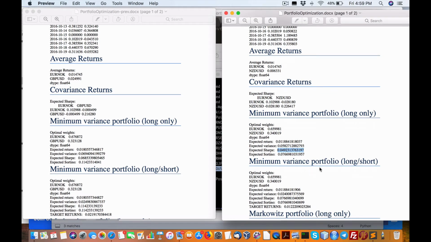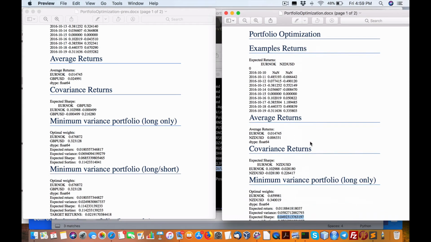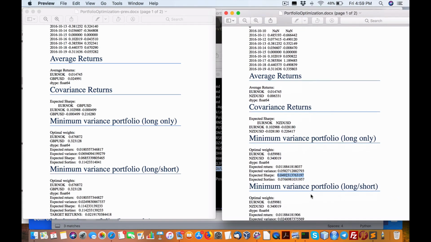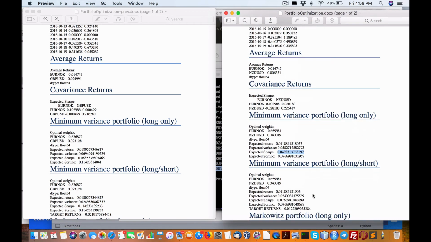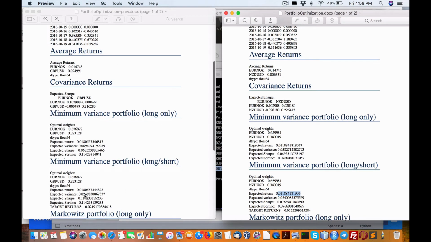Now, if we combine that, again, for the Euro Norwegian kroner against the New Zealand USD in a minimum variance portfolio, long and short, our expected return is 1.18%, whereas I compare that against the expected return of 1.8%.